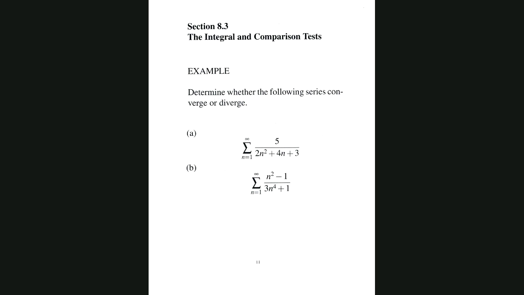Okay, so let's look at this first series here. One thing you might think about when you look at this first series is, can I express it as a telescoping series? Well, to express the series as a telescoping series, you'd have to be able to factor the denominator.